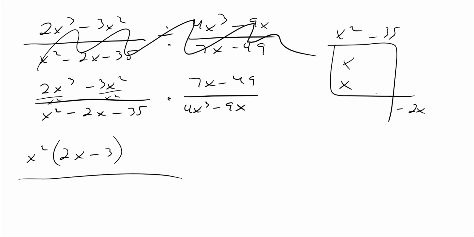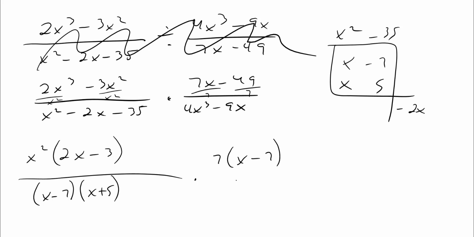So it's x and x, and that's 35 is 7 and 5. So it's negative 7 and positive 5. So it's going to give me x minus 7 and x plus 5. Okay, cool. And then times, just a greatest common factor, I'm going to factor out a 7. So it's 7 parentheses x minus 7.